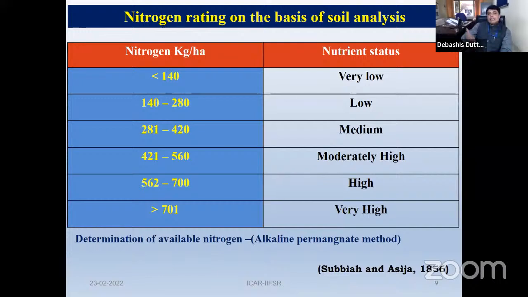And these are the different ranges of nitrogen in the soils, through which we can categorize the soil conditions as very low, medium, moderately high, high or very high in nitrogen content. These results ultimately help in prescribing nutrient recommendations under organic production systems.